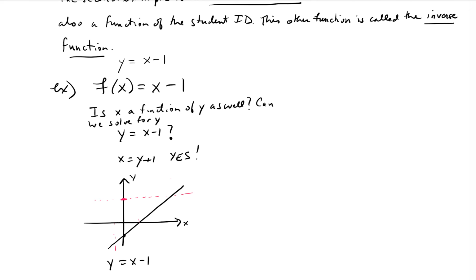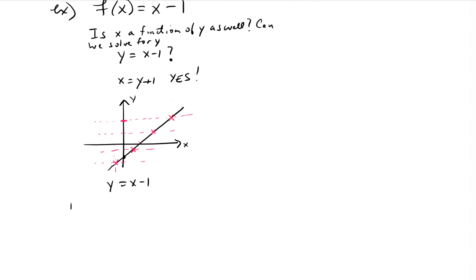In this case, we're going to draw a horizontal line. And if we intersect the graph in only one place, for each value of y given, it's a one-to-one function. So I'm going to write this.